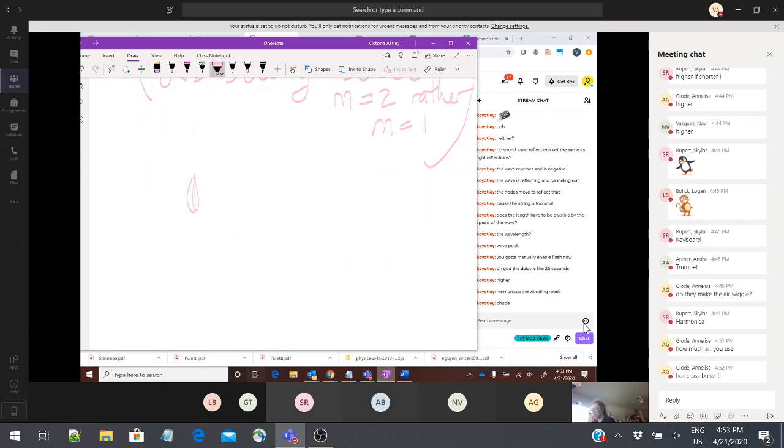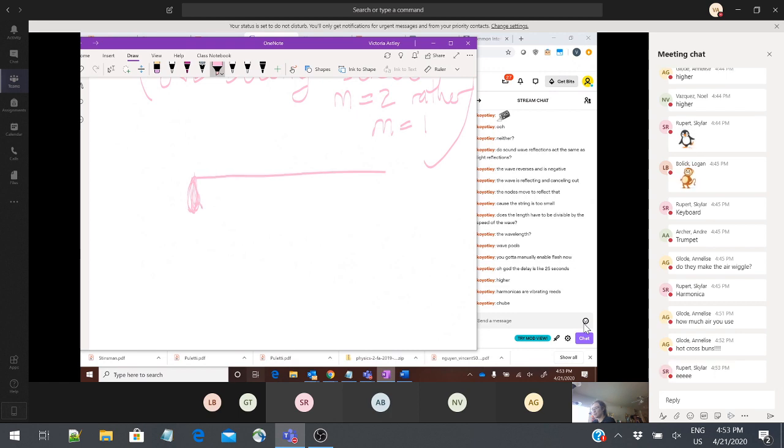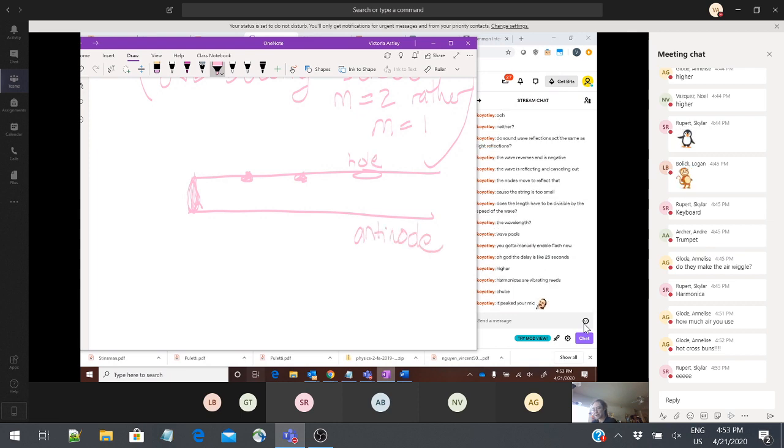So I have a closed end, I have an open tube, and I have these holes. The holes are essentially forcing an antinode, right? This one's closed, this one's closed, this one's closed. If this one is open, this forces an antinode right there. It pinged my mic. Oh no, I'm sorry.